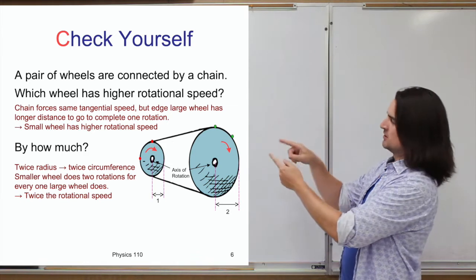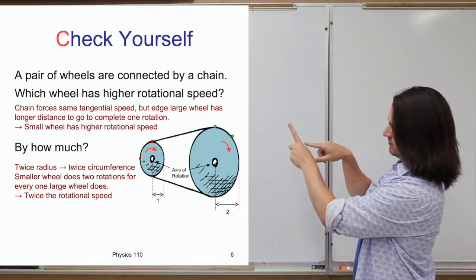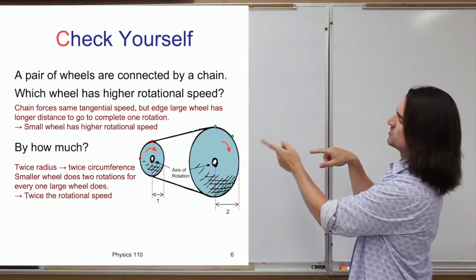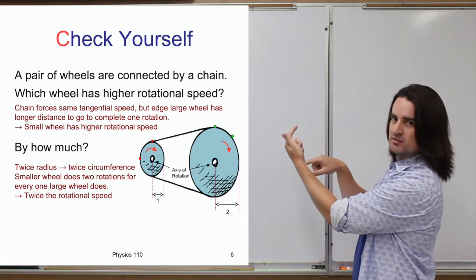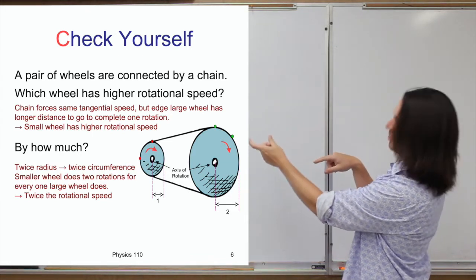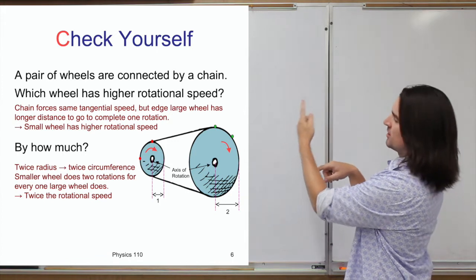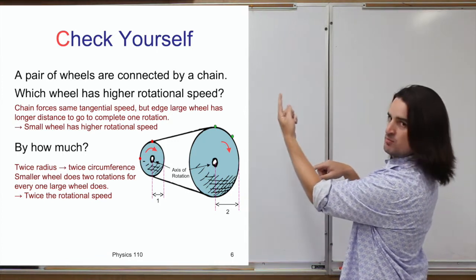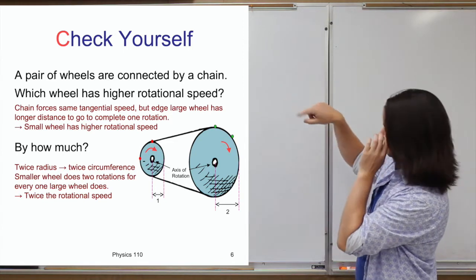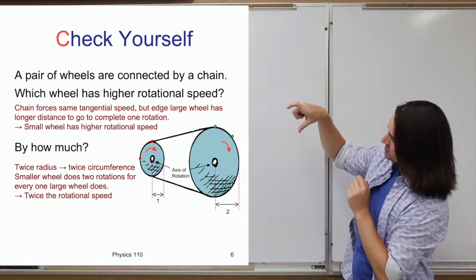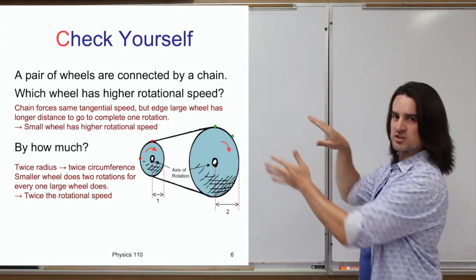Looking at those dots, when the first red dot on the left moves up to the top, that's the chain moving that far. Looking at the bigger wheel, the first green dot would be up at the top, and as the chain moves, it now moves over to the right. So the chain moves just that amount on each of the wheels as it turns.